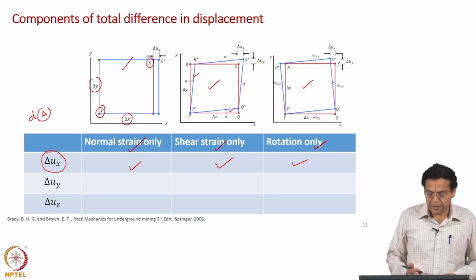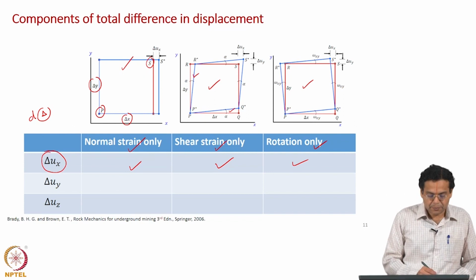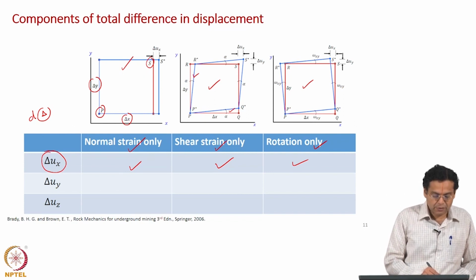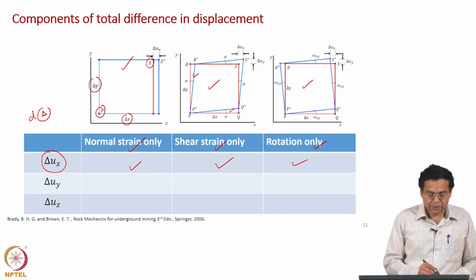Okay. So coming back, what is that we are going to do? We are going to find out the components of total difference in displacement along three directions. What do I mean by that?